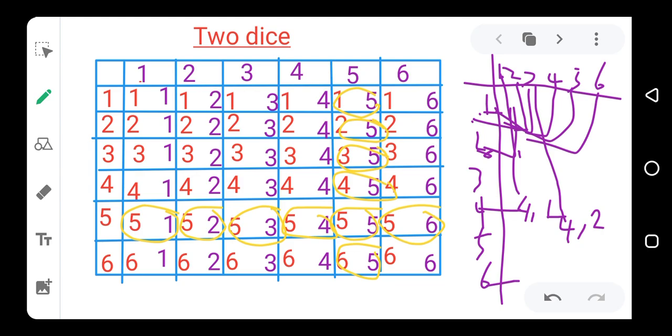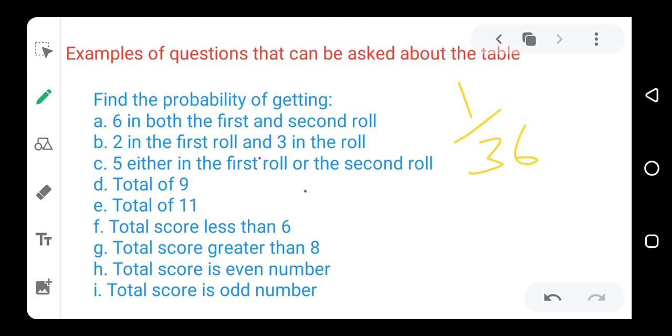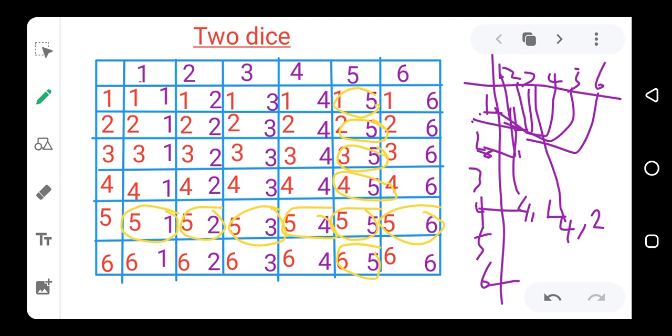The 5 is either in the first row or in the second row. So we say that the probability of getting 5 either in the first row or the second row is 11 over 36.